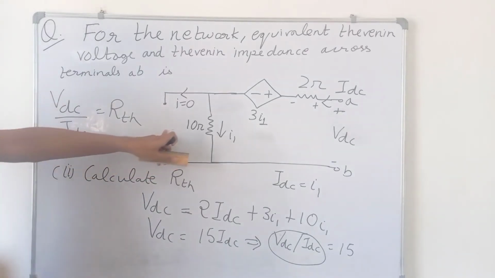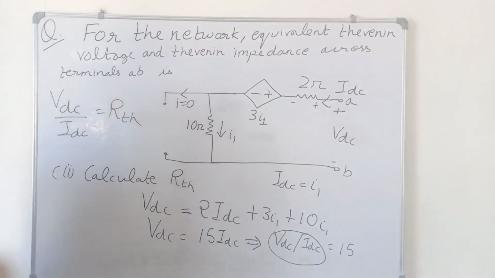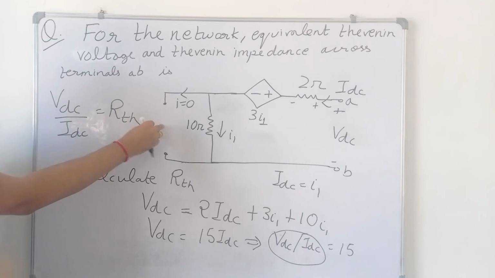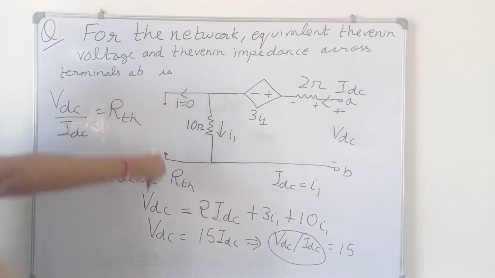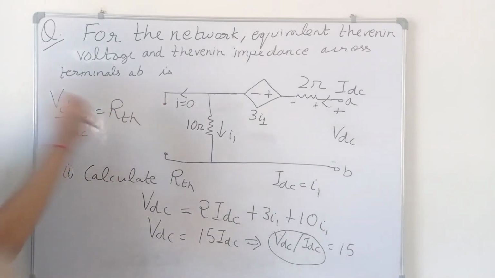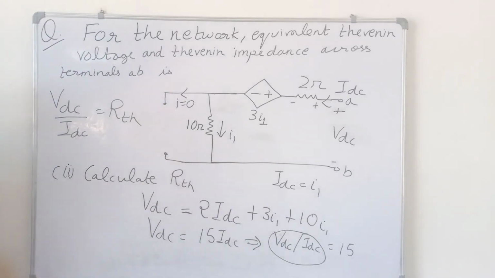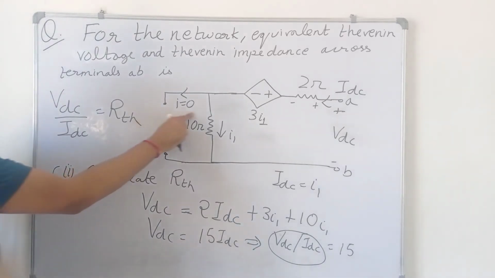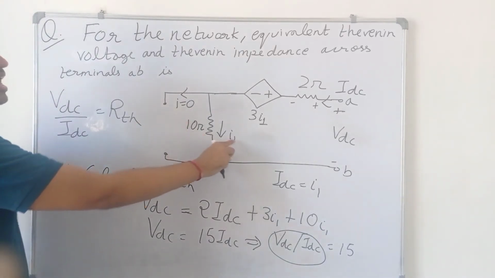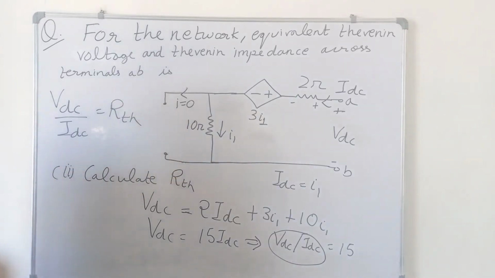This was the independent current source, so we opened it. If there was a voltage source, then we would have shorted the terminals. But this was a current source, so we opened the terminals. So this current is 0, and I1 is equal to IDC.